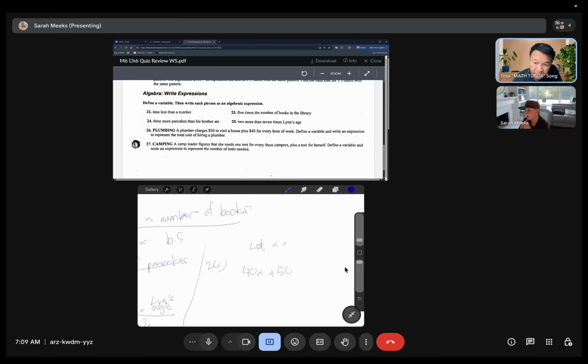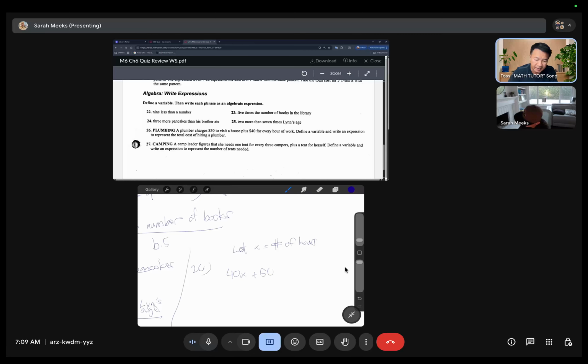Let x equal the number of hours. 40x plus 50. 50 is the fixed price that they're going to charge you no matter what. From there on, every hour, they're going to charge you 40. Does that make sense? If you do 1 hour, you add 40 times 1 plus 50. 2 hours, 40 times 2 plus 50. There you go.